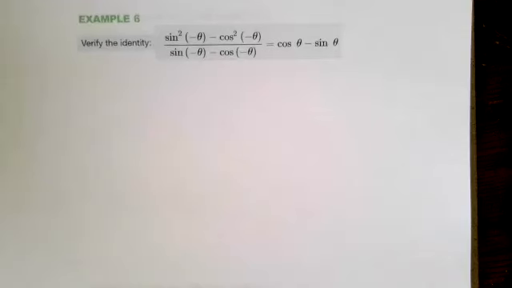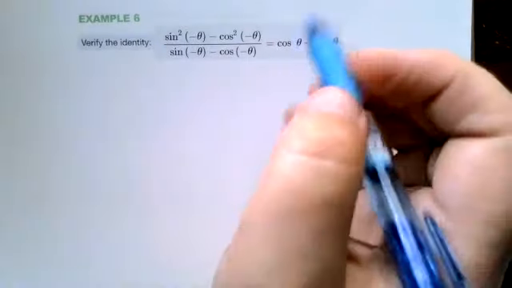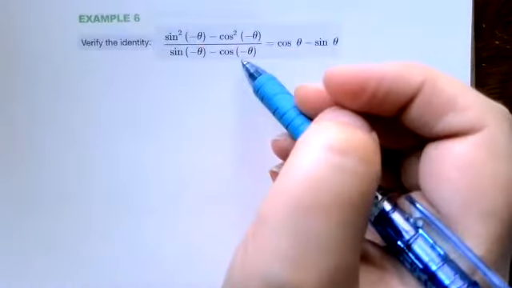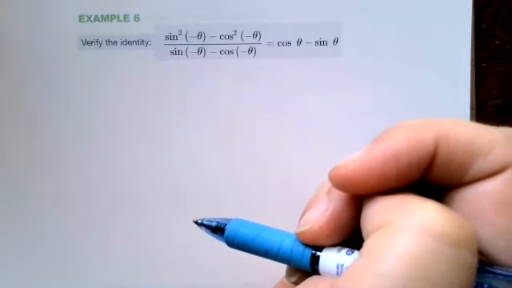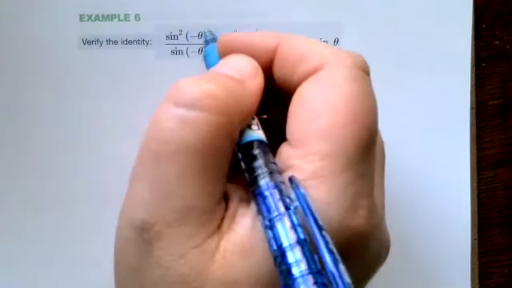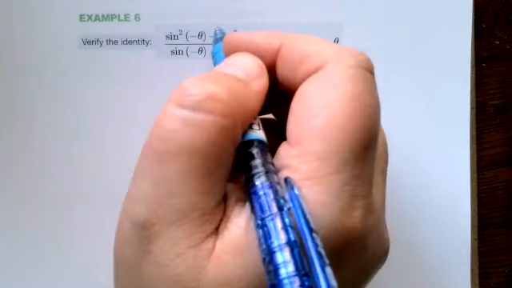Well, let's continue, and we're going to proceed to example number 6. So again, I'm looking at the left side, and it's more complicated than the right side. So I'm going to start with the left side. And I'm going to actually write the square outside the parentheses here.